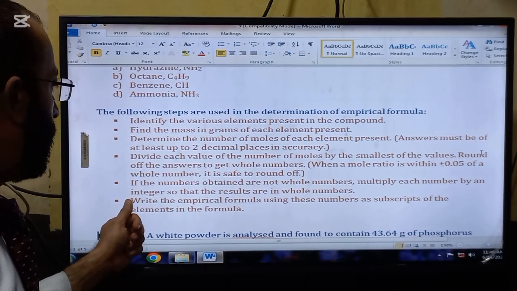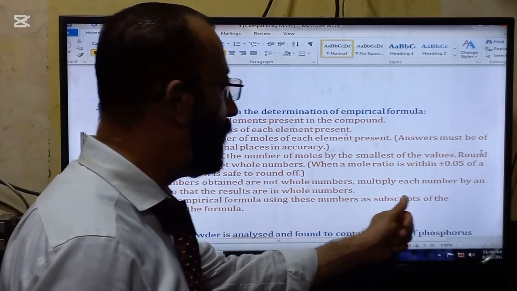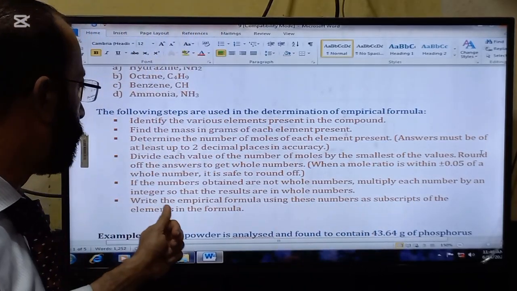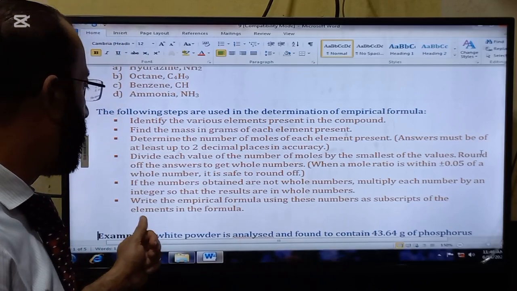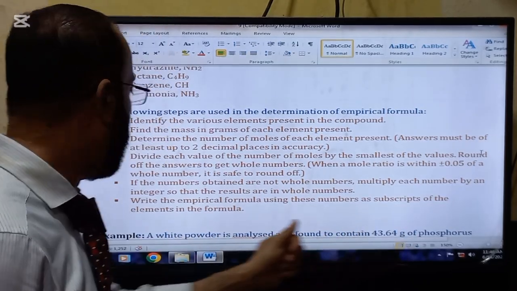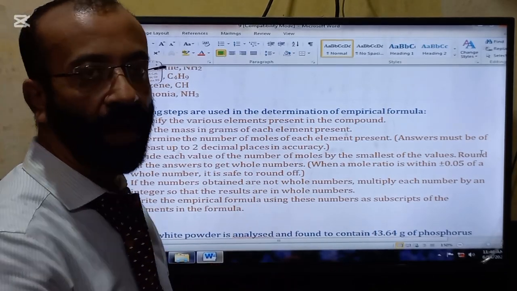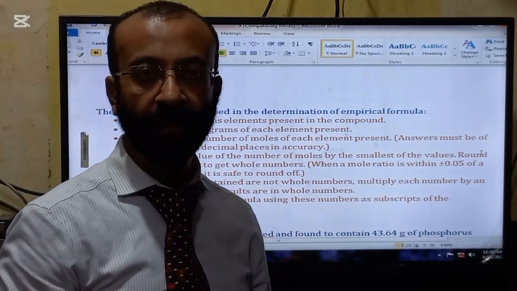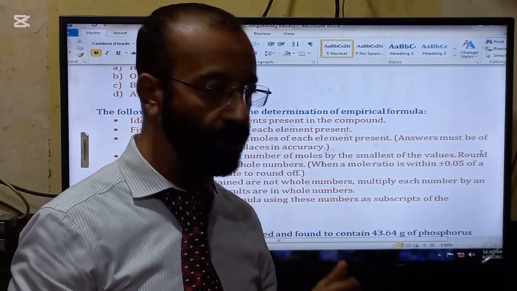Next, if the numbers obtained are not whole numbers, multiply each number by an integer so that the results are whole numbers. The final step is to write the empirical formula using these numbers as subscripts of the elements in the formula. These are the steps which you have to learn first, because now they are going to be applied in solving the questions.